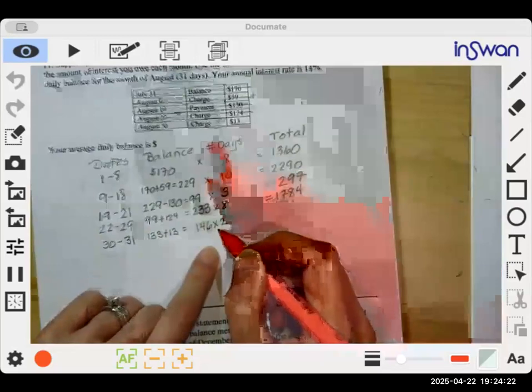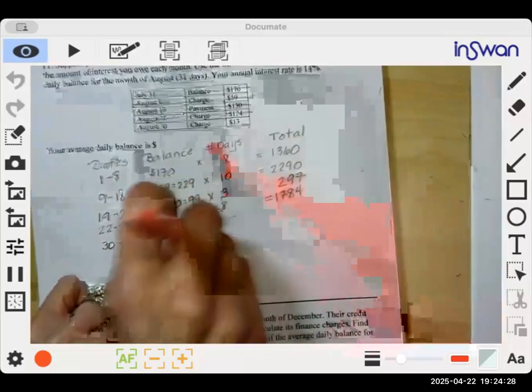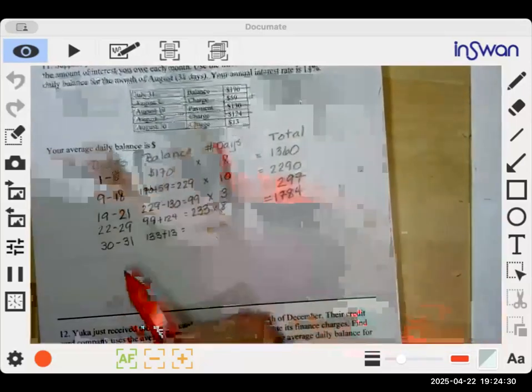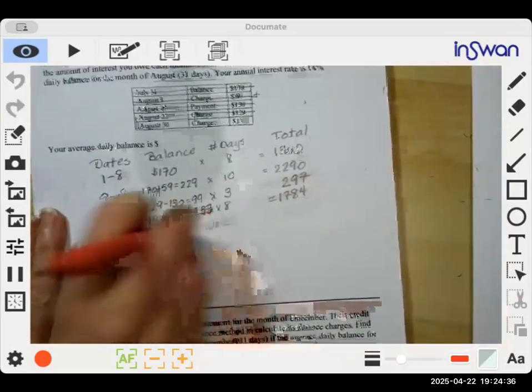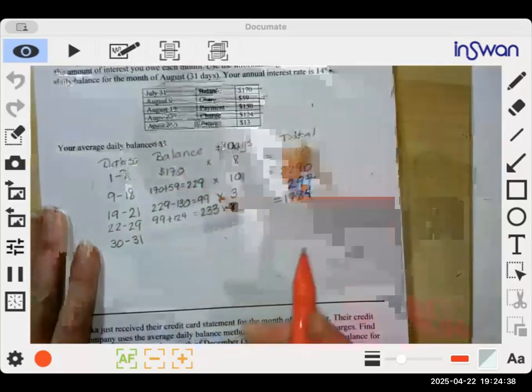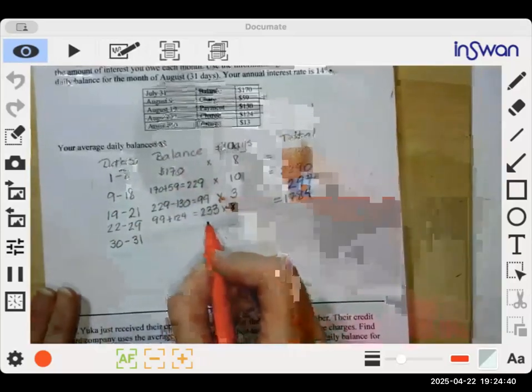Okay, and then this, what is going on here? So this should be 233, no, 223. I put 2.